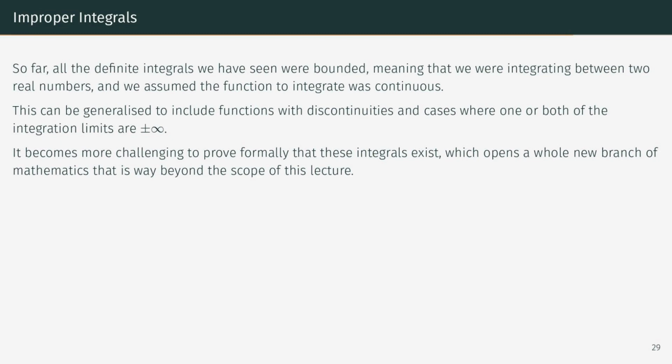This can be generalized to include functions with discontinuities and cases where one or both of the integration limits are plus or minus infinity. It becomes more challenging to prove formally that these integrals exist, which opens a whole new branch of mathematics, which is way beyond the scope of this lecture.